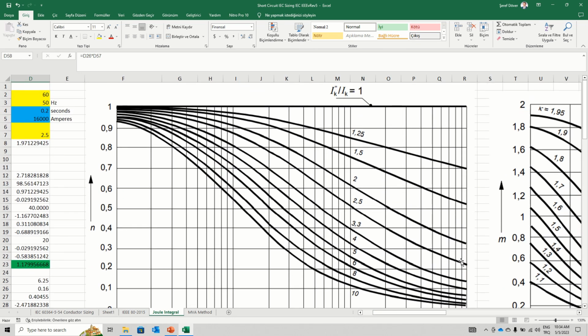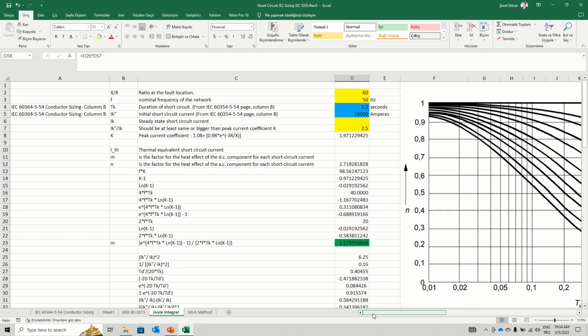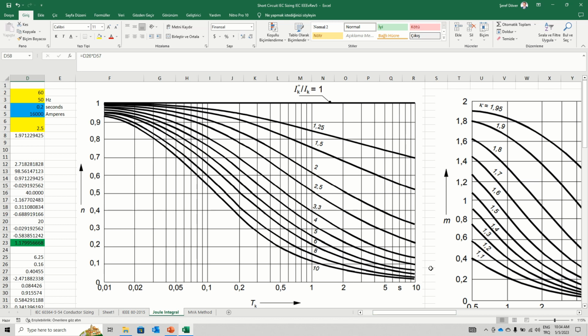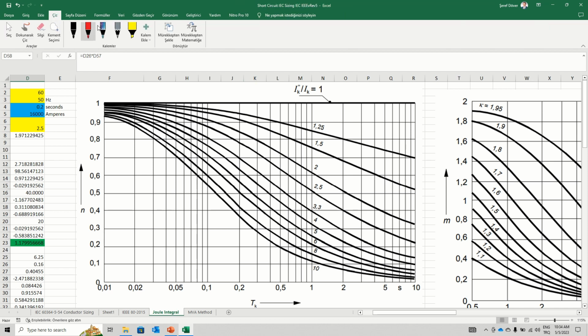Let me make it a little bit smaller for you to see much better. What was our time duration? Let me select this one. Our time duration was 200 milliseconds. So up to 200 milliseconds, the N value was 0.87 here somewhere.